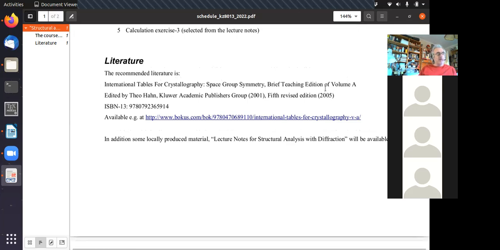I think there is now Volume A from 2016 or something like that. But essentially, it doesn't matter which version you have. There may be printing errors or different nomenclature in different versions, but I think you will have access to it.